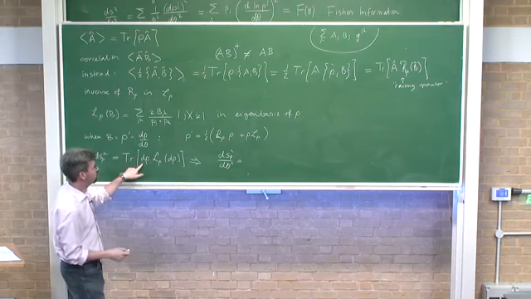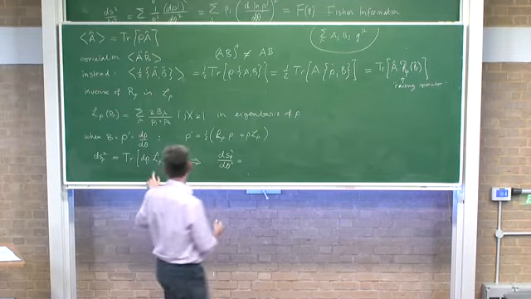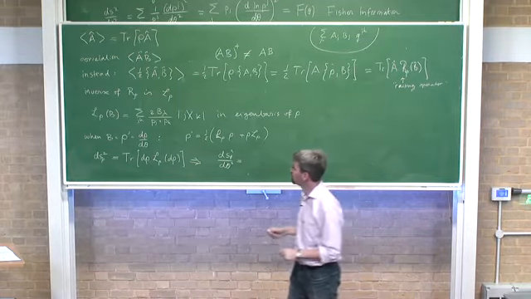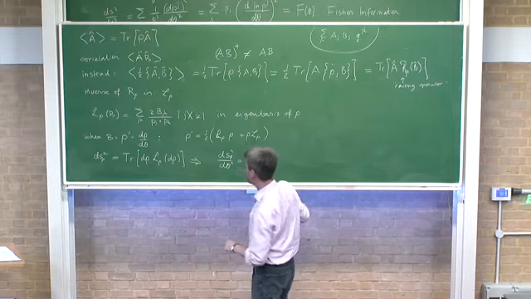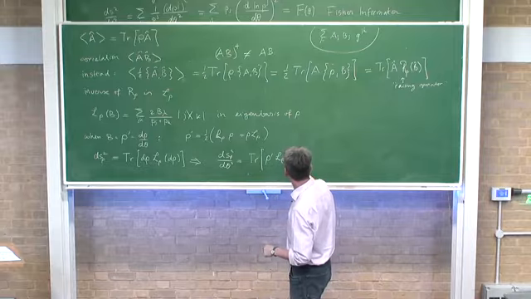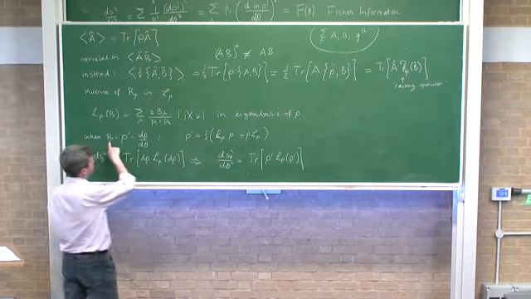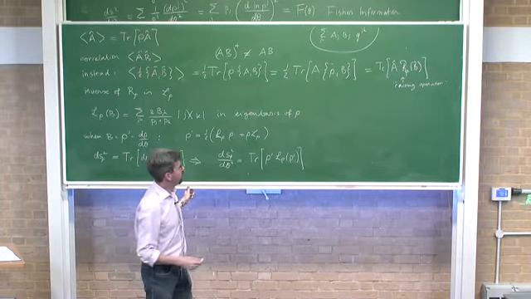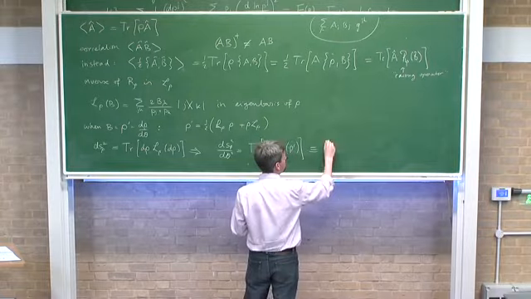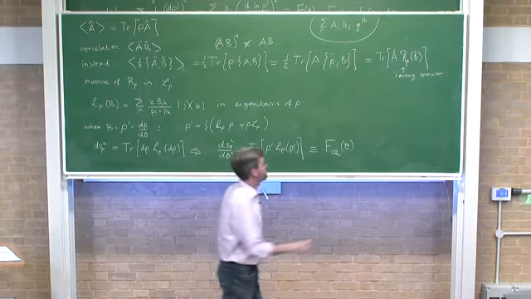Because these are just small numbers, we can bring them inside the trace, inside L, and we have rho prime, L rho, rho prime. Now you see why I was looking at this special case where B equals rho prime, and this is the quantum Fisher information.